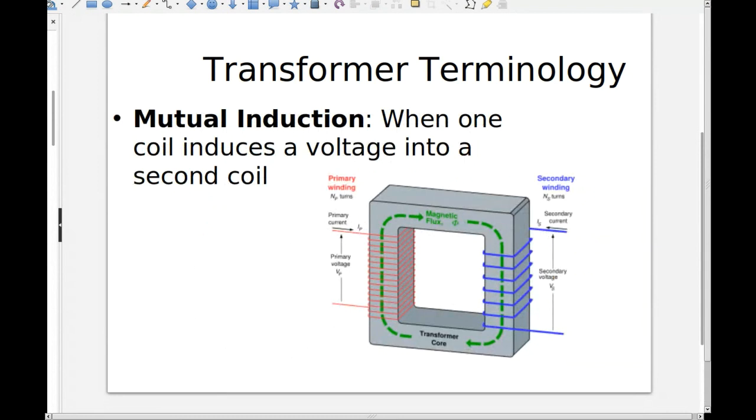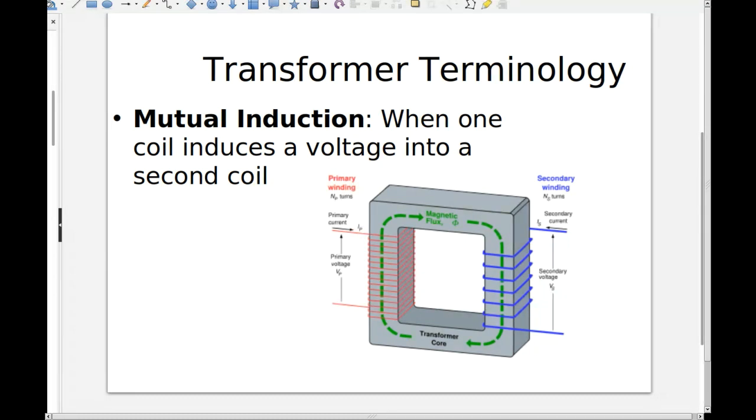Again, this is what we refer to as the mutual inductance. The mutual inductance is this magnetic energy stored inside the core, but since they're sharing the core, they're sharing that inductance.